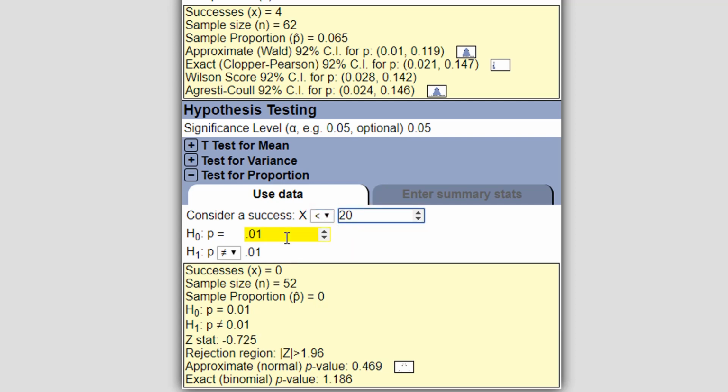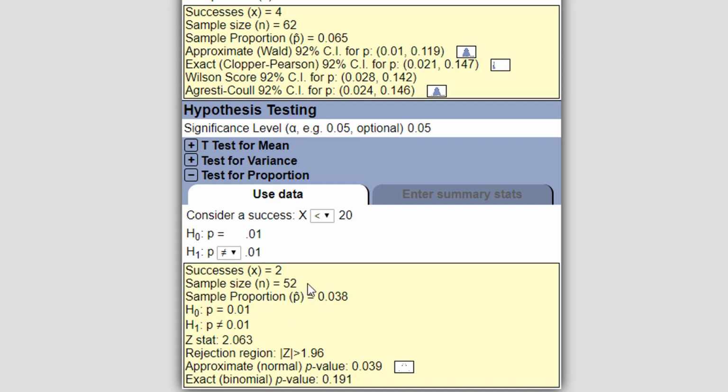What I want to see is whether this area of ocean that I've looked at is significantly different than the species average. So I'm going to put p not equal to for my alternative hypothesis. The null hypothesis is that the population proportion in this area of ocean is 0.01. The alternative is that it's not equal to 0.01.